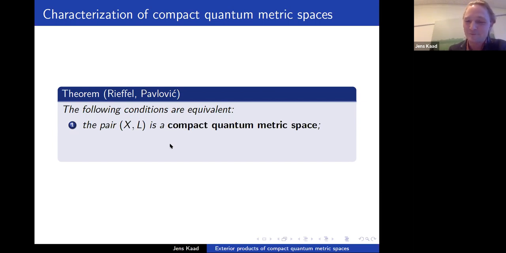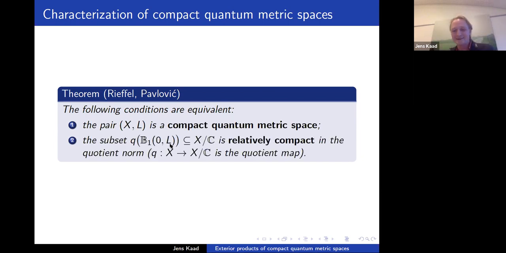Okay, so here are two ways of saying that I have a compact quantum metric space. The first one is the obvious way, and the other one is the interesting one. The second one is that, instead of checking directly that I have a compact quantum metric space, I can instead check that a certain subset of the quotient space is relatively compact with respect to the quotient norm.